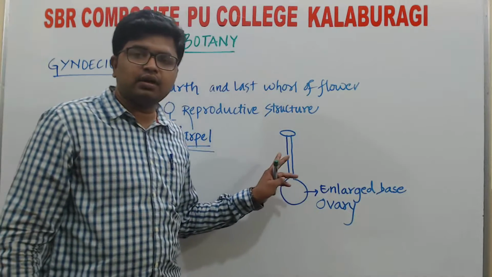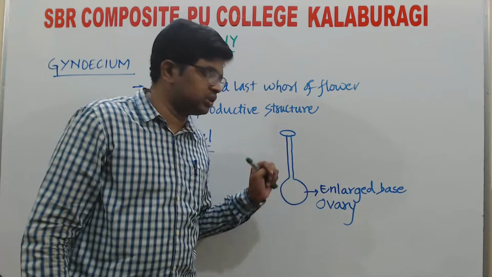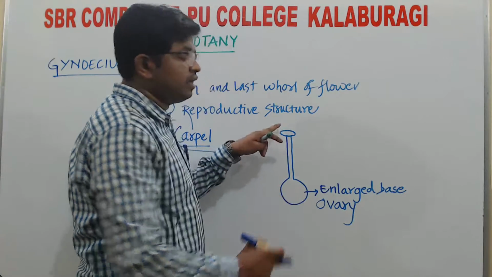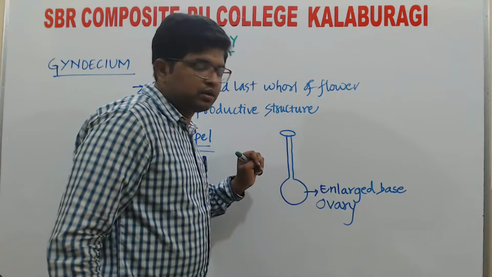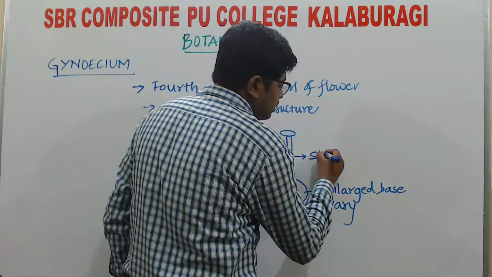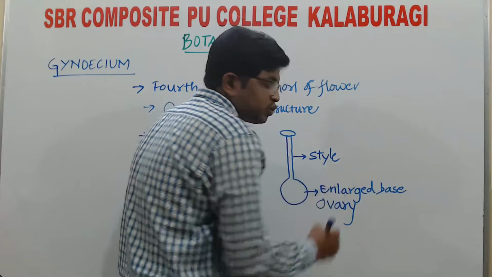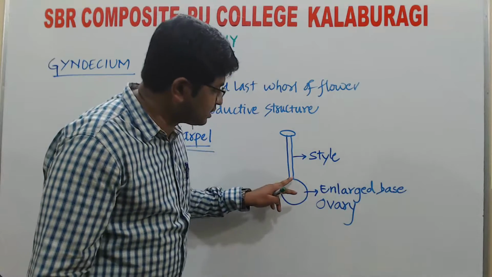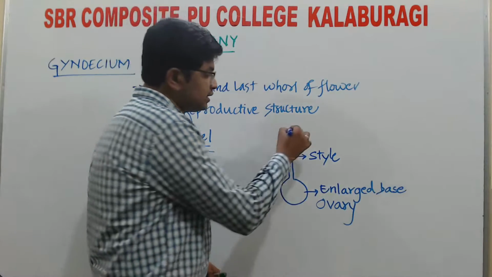And you have a tube-like structure which connects the ovary with the stigma. That we call style. Style is a tube-like structure that connects the ovary with the stigma.